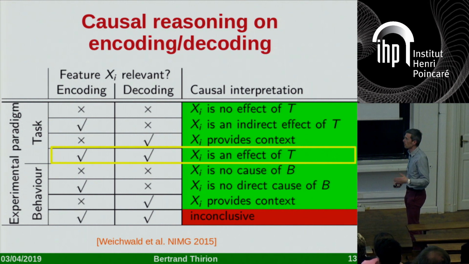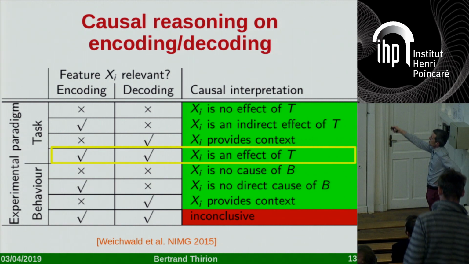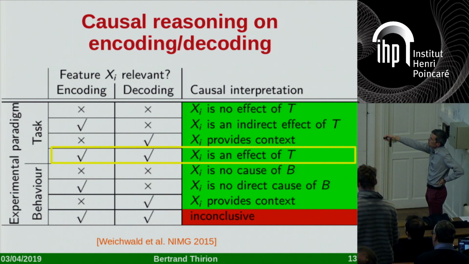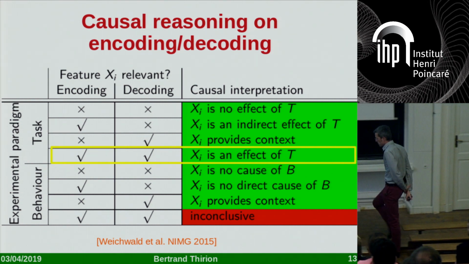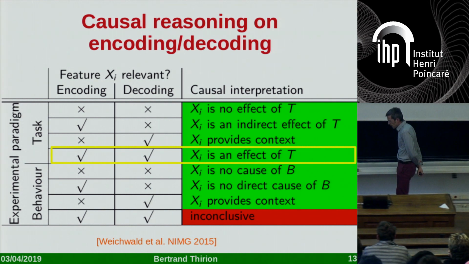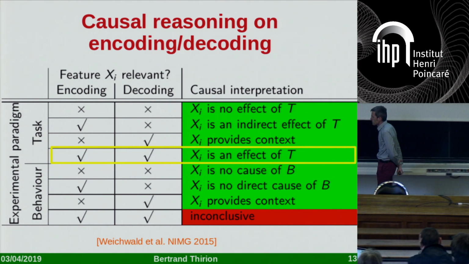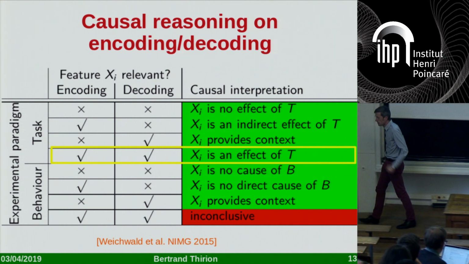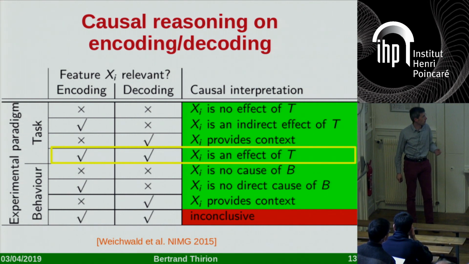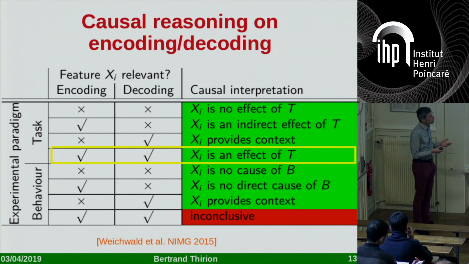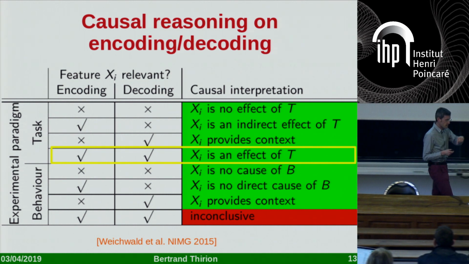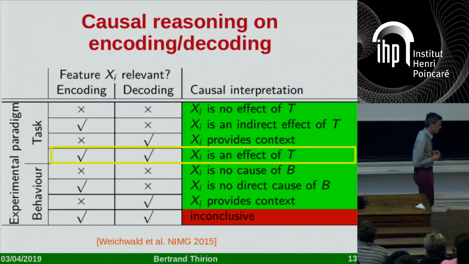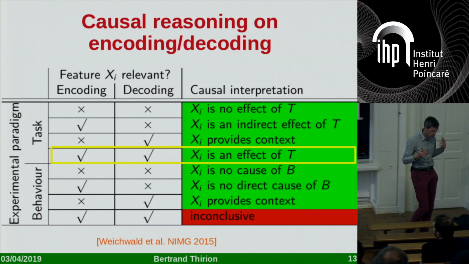I won't discuss all the cases because it's a bit long, but there remains only one case which is inconclusive, which is the case in which, in a behavioral experiment, you can reject both null hypotheses. In this case, you cannot conclude because it could be that region i directly has an effect on behavior, so actually creates behavior. But it could also be that there's another region x2 that explains behavior and that explains the activity in voxel i, so that you cannot actually decide.